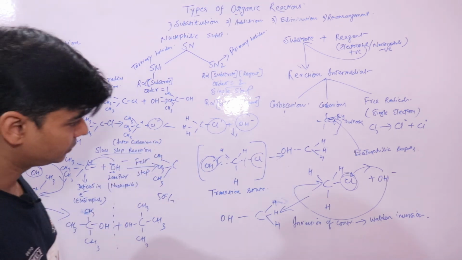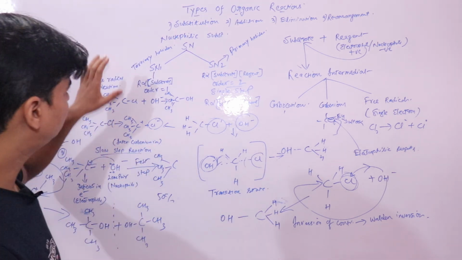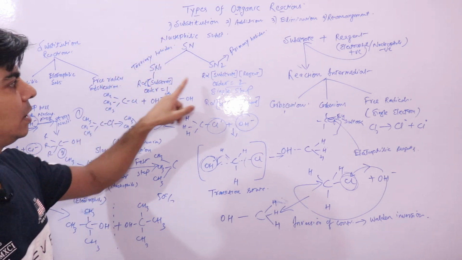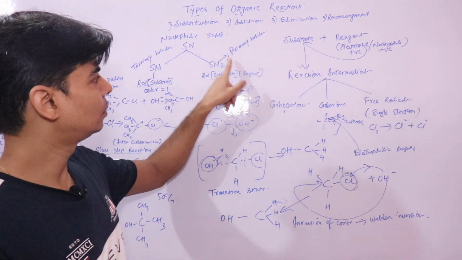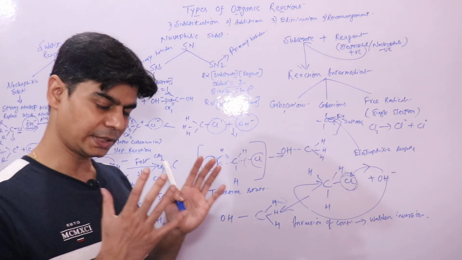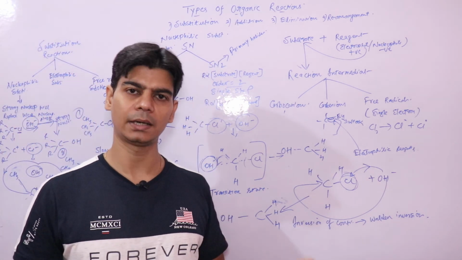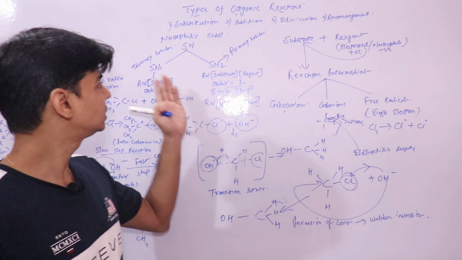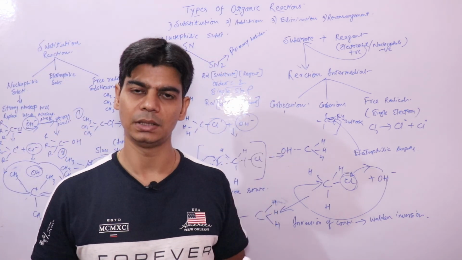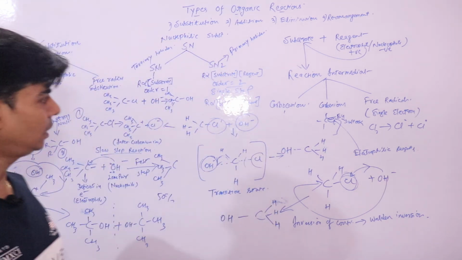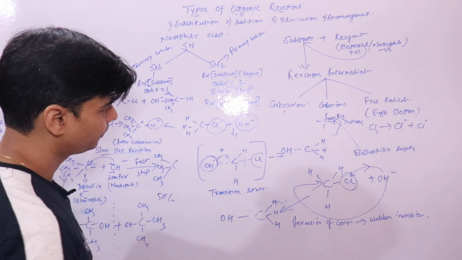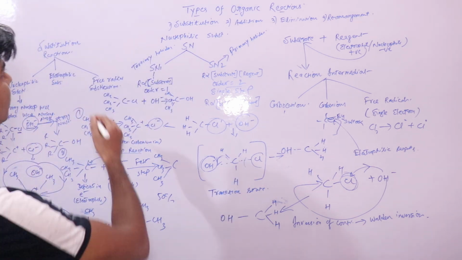Tertiary halides undergo SN1 reaction, and primary halides undergo SN2 reactions. And a secondary halide can undergo SN1 or SN2 reaction, depending on the experimental conditions. Remember this.